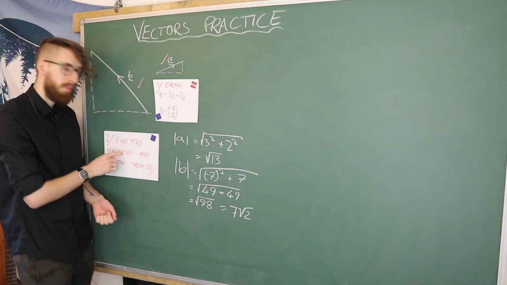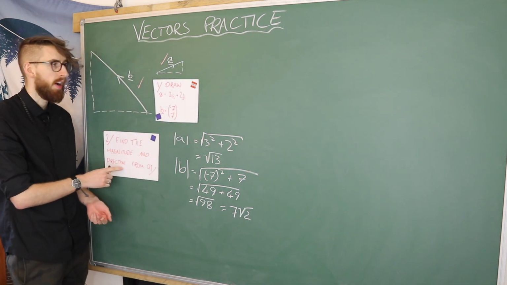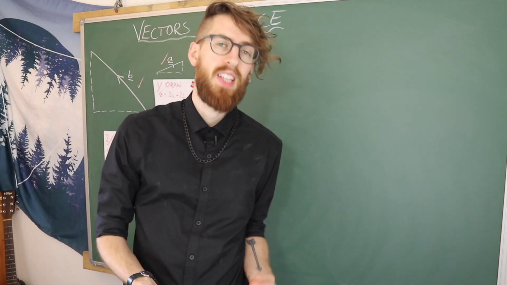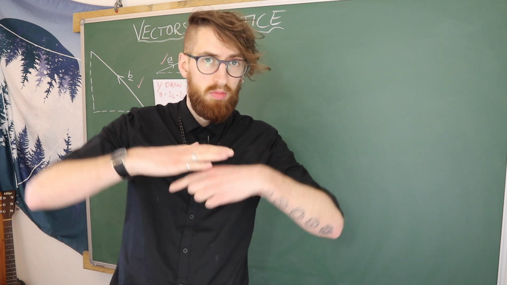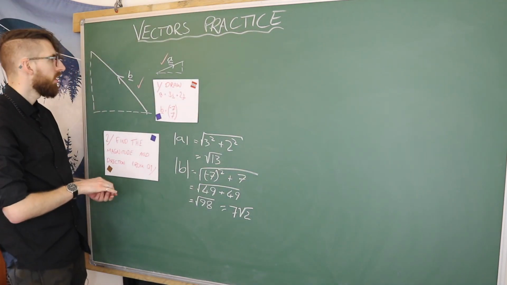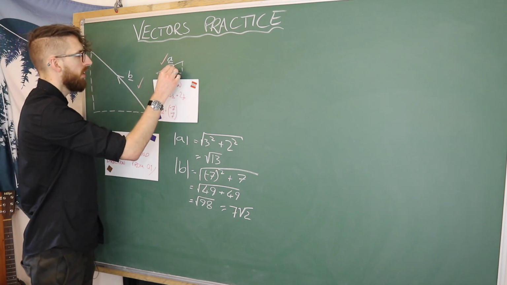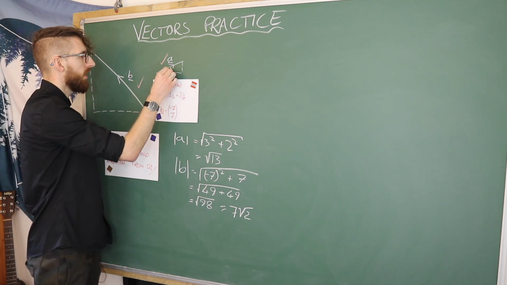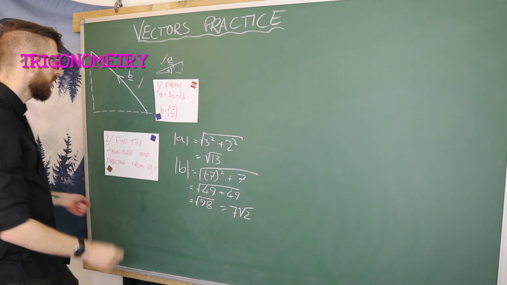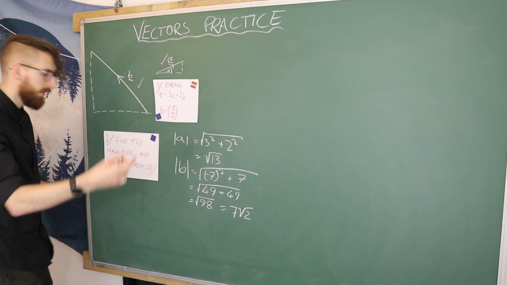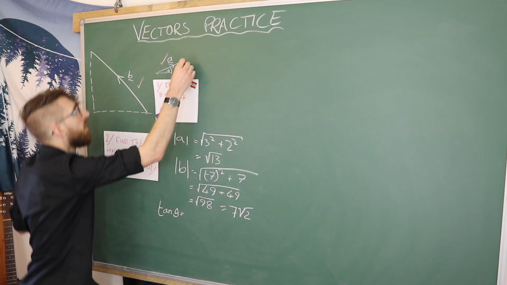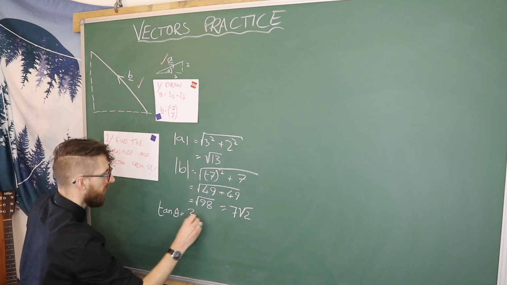Okay, so we've got the magnitude of each of these, now we need to do the direction. Without it specifying what we're doing the direction to, we're just going to take it as the i. The direction of i. So we're going to do an angle from there up. Here, it's this angle here, theta. So what we want to do is a bit of trigonometry. So we're going to do tan, opposite over adjacent, the opposite is 2, the adjacent is 3.